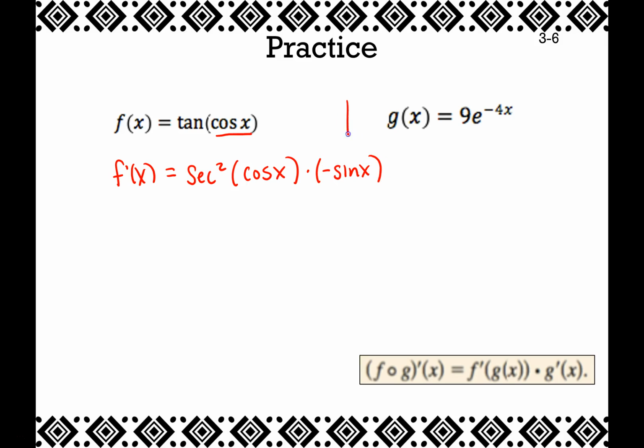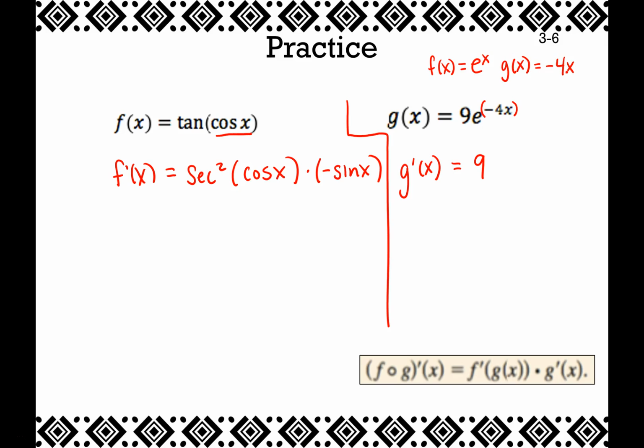All right, let's go ahead and do this last problem. So we've got g prime of x is going to equal 9. Now, think of this as e to the parentheses negative 4x, and you can clearly see that your f of x function, or your mother, is going to be e to the x, and your g of x function is going to be your baby, or negative 4x.